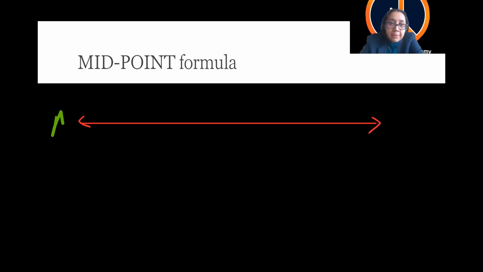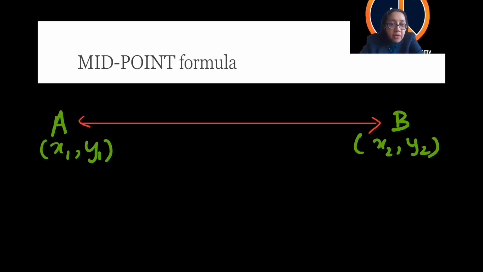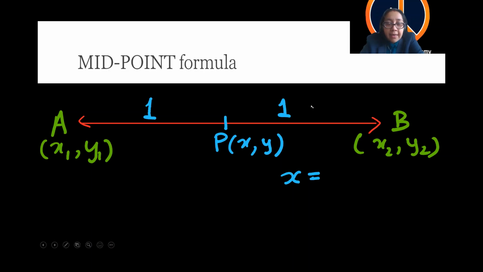So what is the midpoint formula? For example, A and B are two points whose coordinates are (x1, y1) and (x2, y2) respectively, and there is a point P whose coordinate is (x, y). If it is 1:1, then by applying the same section formula we just saw, it becomes easier where the m and n values are 1 and 1 respectively.